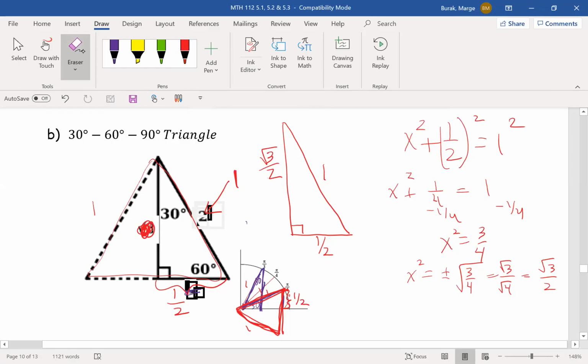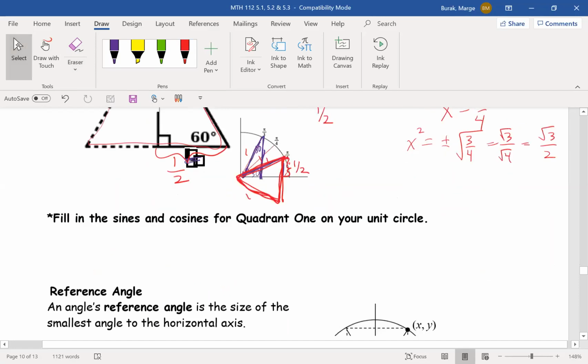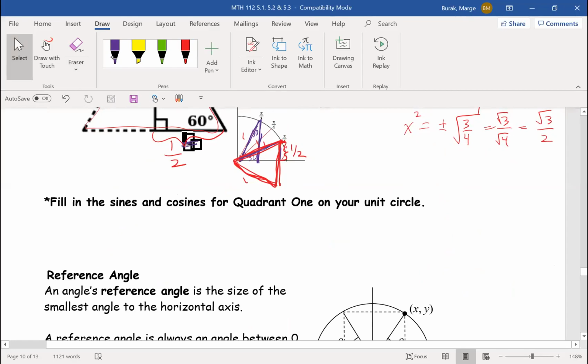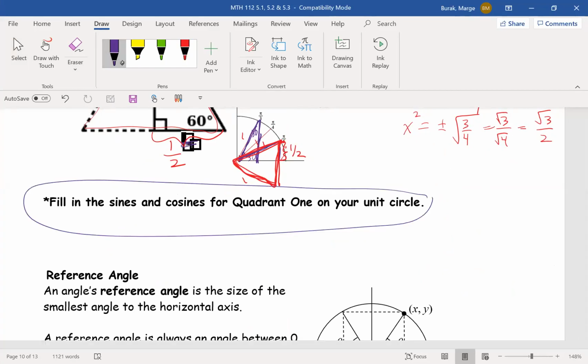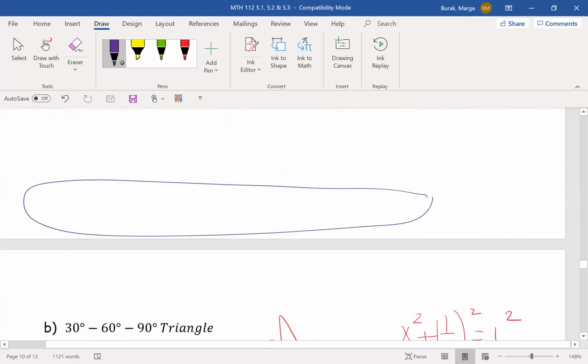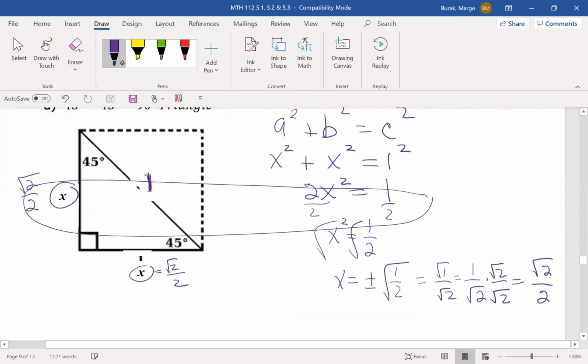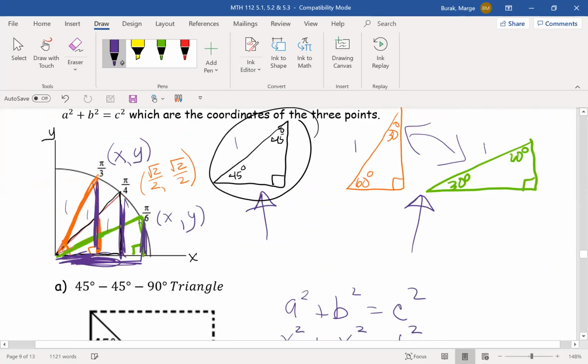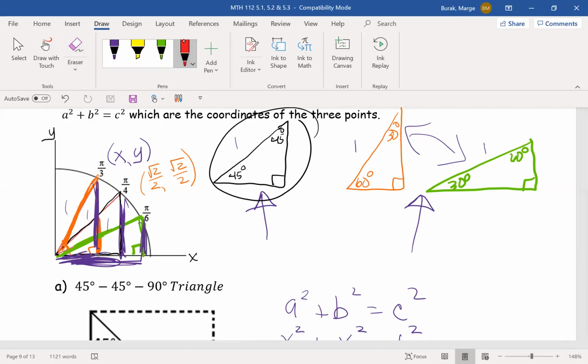So what does that help us with? Well, let's go to the unit circle and fill in the sines and cosines. And we'll go back to this. That gives us, instead of xy here, this long side, which is the x, is the square root of 3 over 2 we just found, and the short side is the 1/2.